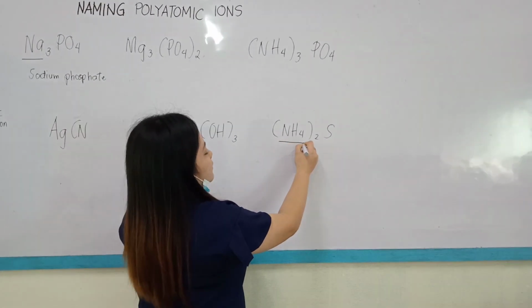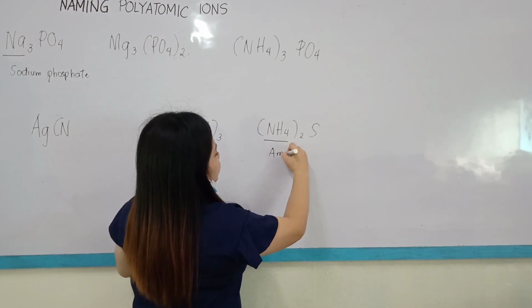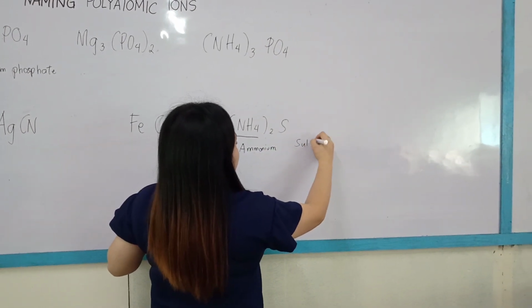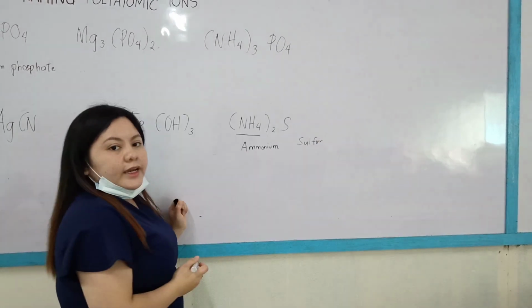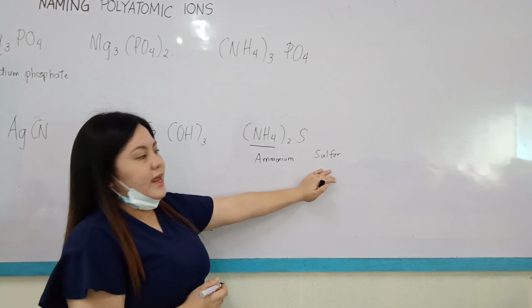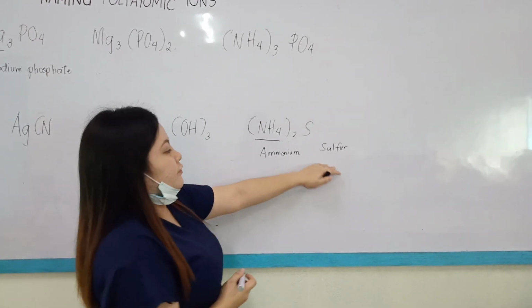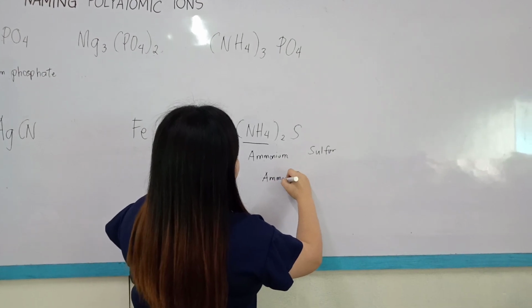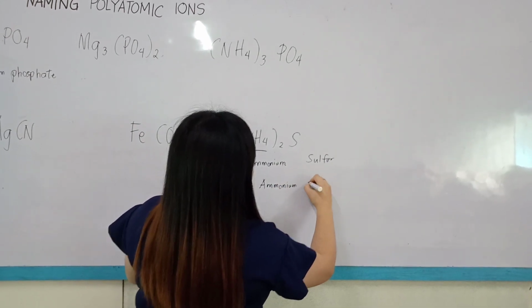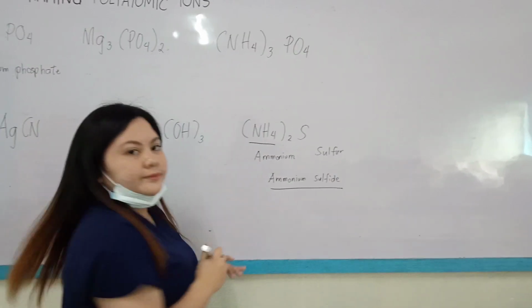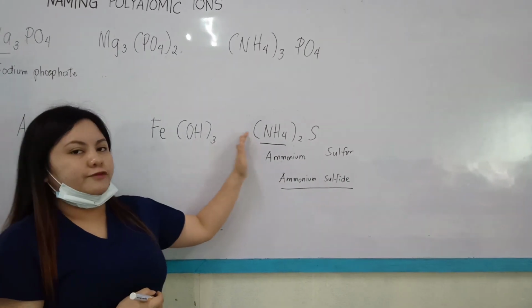So we have NH4 as ammonium and then S is sulfur. Okay? And then following the format, this anion will have suffix -ide. So from ammonium plus sulfur, we have ammonium sulfide. So that is how you name (NH4)2S.